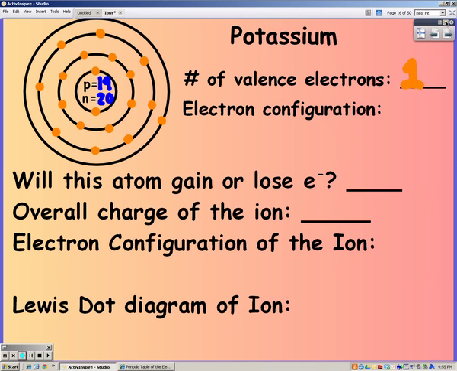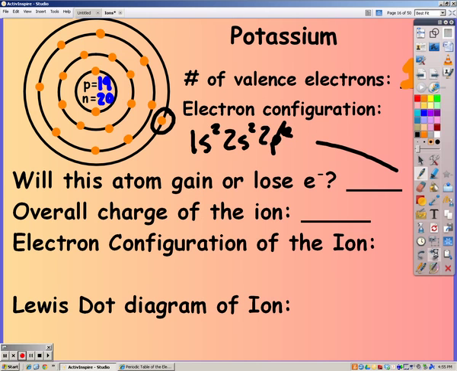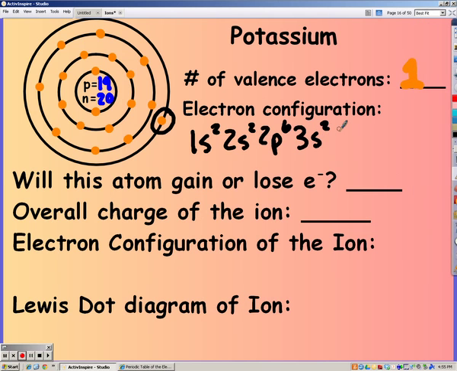Going to write its electron configuration. You should have gotten 1s2, 2s2, 2p6, 3s2, 3p6, 4s1.